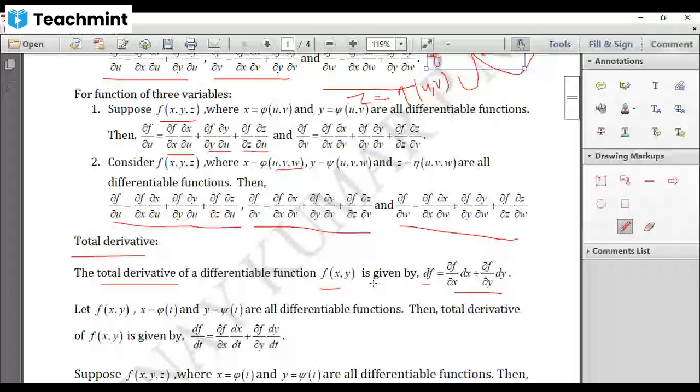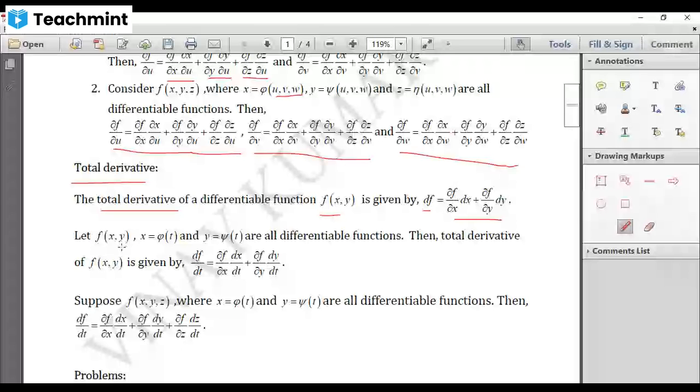Now similarly, suppose your f is a function of x and y, but x and y are functions of t, a single variable. So you are having only one independent variable, that is t.